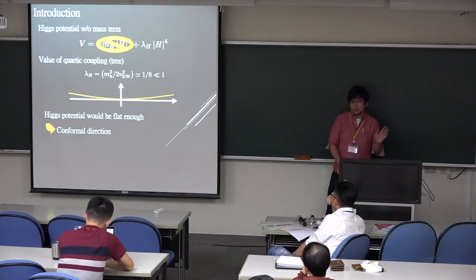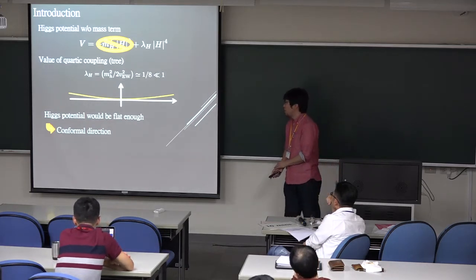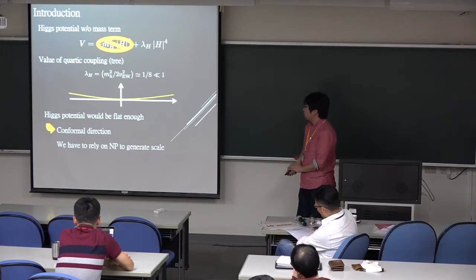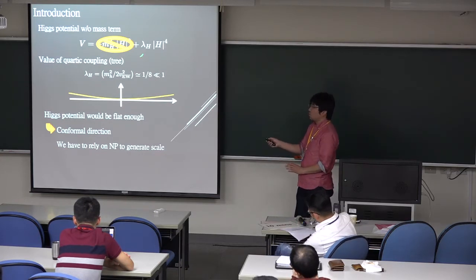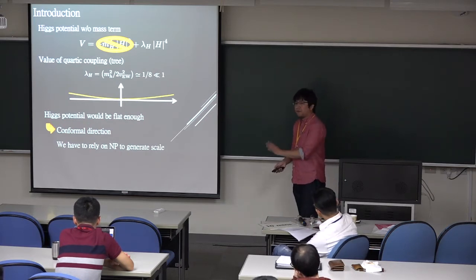The nature itself might be seen along that kind of direction. But since we do not have any dimensionful parameter, I mean the negative mass parameter, the symmetry cannot be broken. So we have to rely on some new physics to break the symmetry.